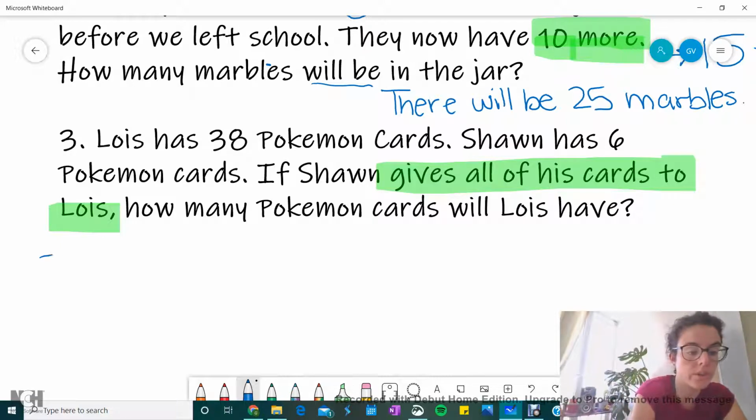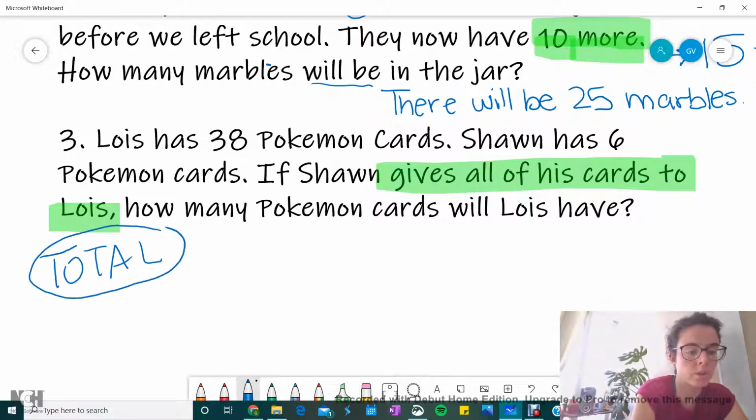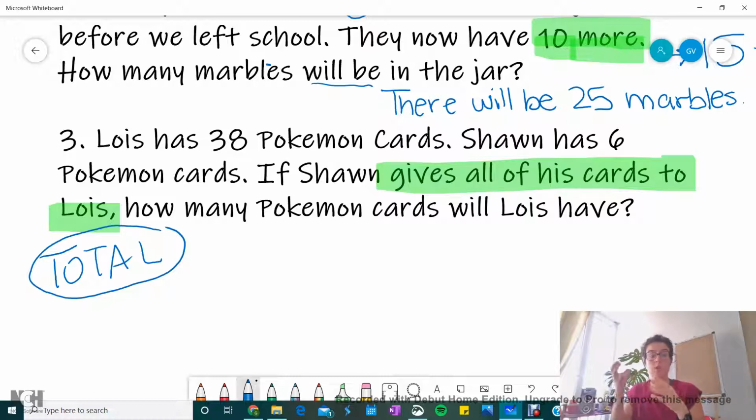Our total. This is a very important word in addition. The total, because it means everything together. So you're combining, you're mixing, you are uniting the two groups: Lois's cards and the cards that Sean gives her.